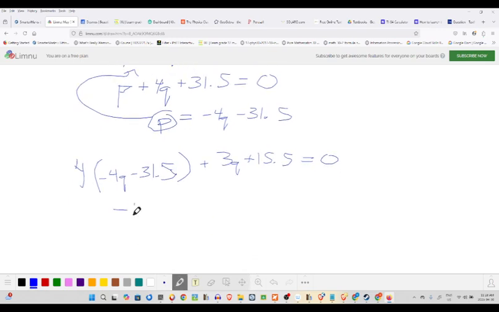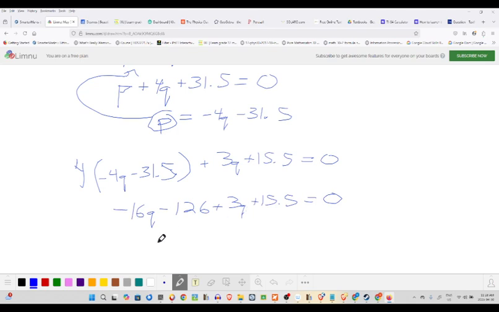So first multiplying by the 4, we have a negative 16q. Now 4 times a negative 31.5, that's negative 126. Plus 3q plus 15.5 is 0.